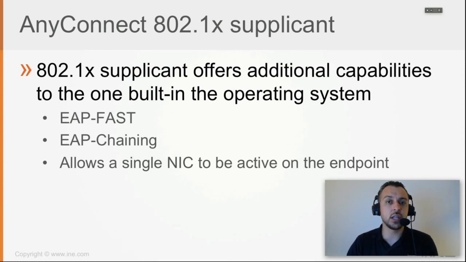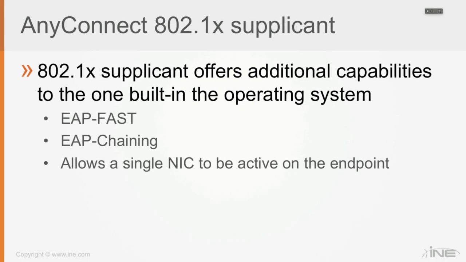Some of them less trusted, like the internet and the 3G connection. Some of them more trusted, like the inside network. So that clearly becomes an attack vector, because the PC has multiple connections active at the same time. And AnyConnect can prevent that, and allow only a single NIC to be active at the same time on the endpoint.